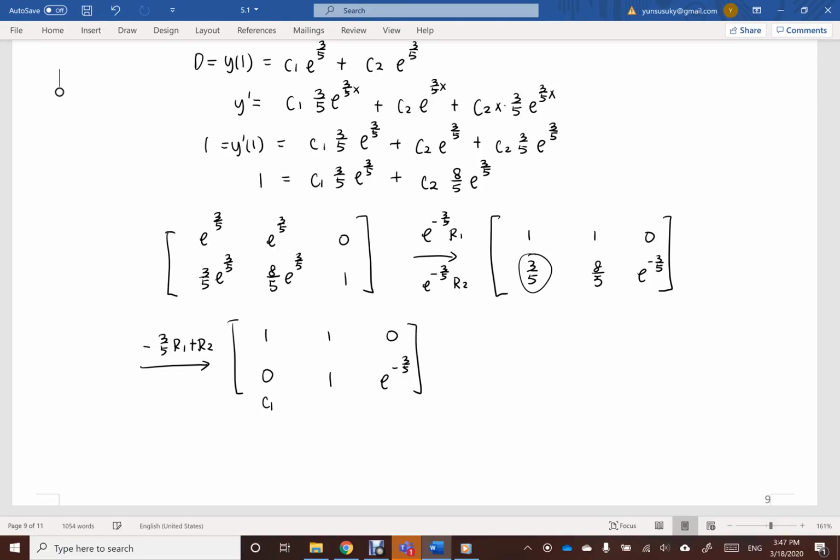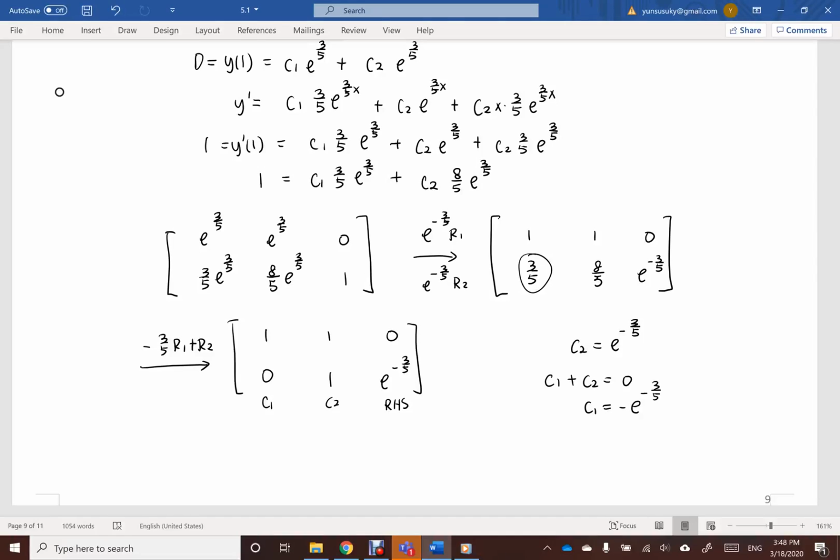Okay, so this is c1, c2, right-hand side. The last row tells us that c2 is e to the negative 3 over 5. And then when we plug into the first row, c1 plus c2 is 0. So c1 is negative c2, which is negative e to the negative 3 over 5.